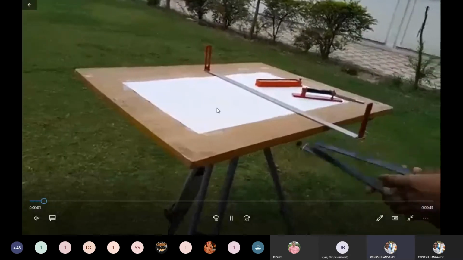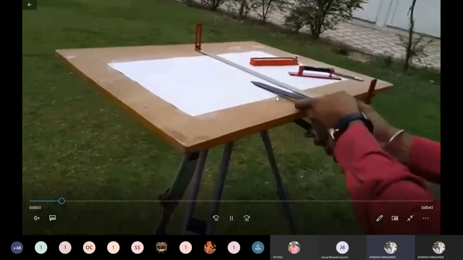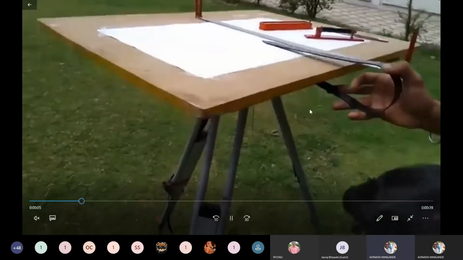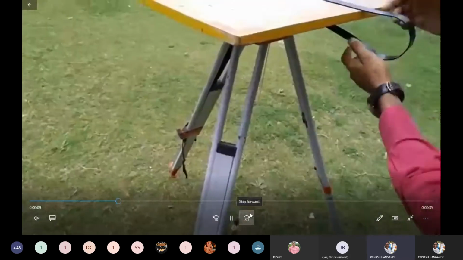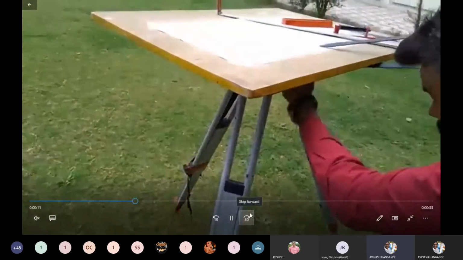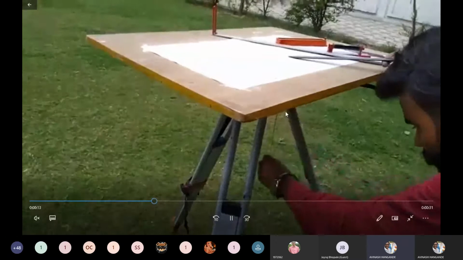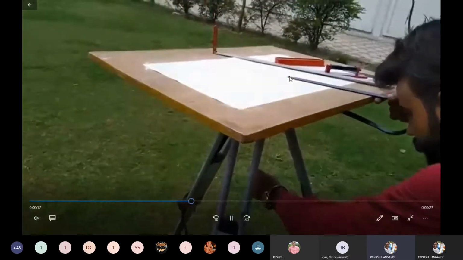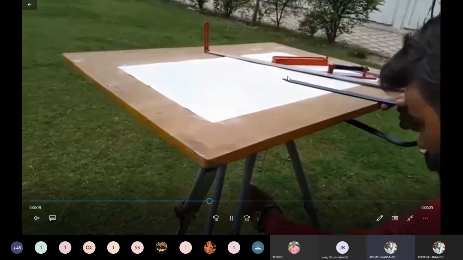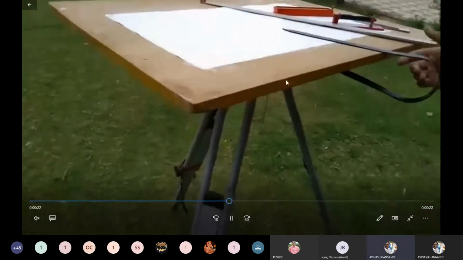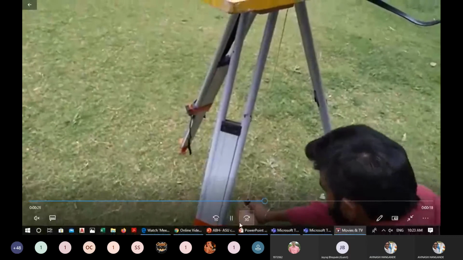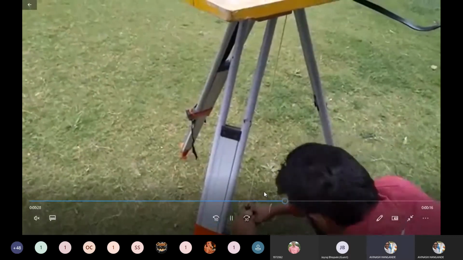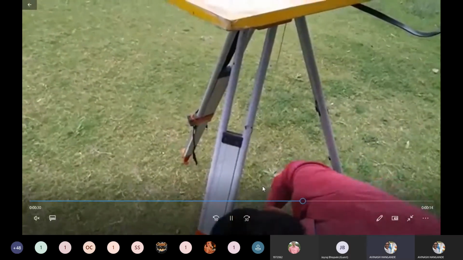how to do that. Look at that, we have to fix that U fork like this. And our plumb bob should be on the top of this station point, and when it comes to the top of the station point, then we have to mark that station point with the help of a pencil. We don't want to replace our station point.